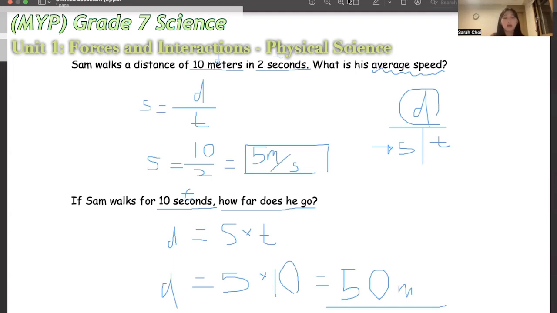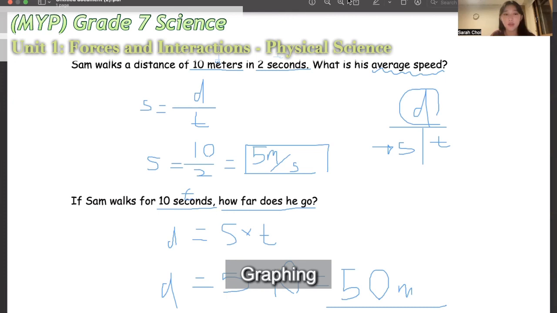Now that you understand how to calculate speed, time, or distance, let's move on to graphing distance and speed against time. These are four graphs that are most commonly shown to represent the speed. And these four graphs are all distance time graphs.